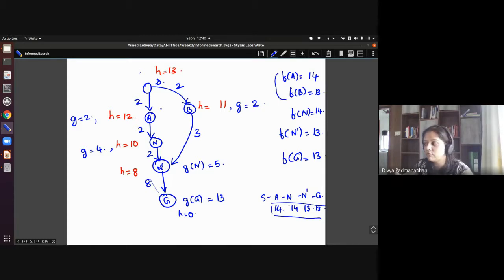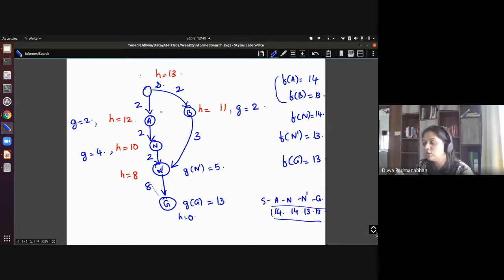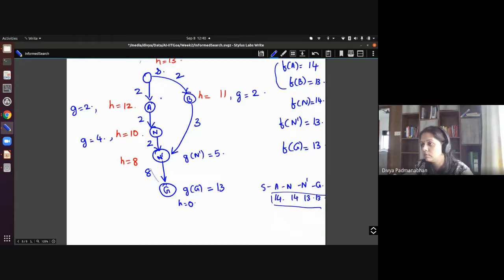Then suppose B was not there, even for n dash, you're going to get g will be 6, right? 6 plus 8, 14 you will get, right? That is fine. If this was the only path, S, A, N dash, G, then it's fine. You're going to get this property.